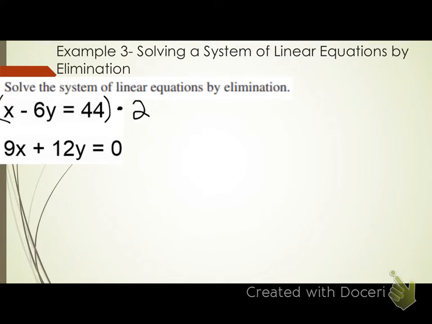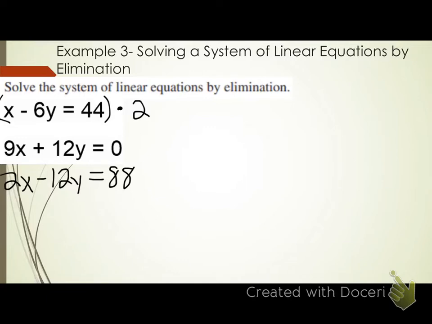Does everyone see why we're multiplying the top equation by 2? So I can get the same number, opposite signs in front of my y variables. Does that make sense? Okay, 2 times x, 2x. 2 times negative 6y, negative 12y. 2 times 44, 88.